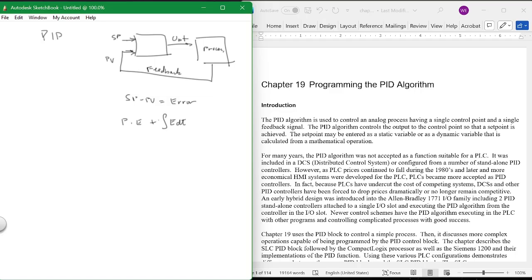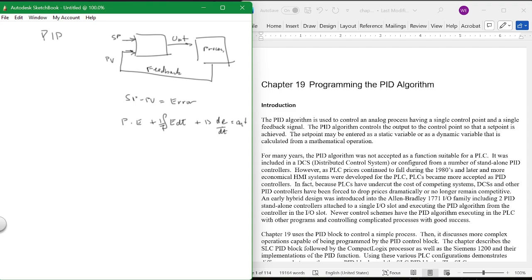This is a 1 over Ti term, plus a D term times the derivative of the error. And that gives us our output, okay?